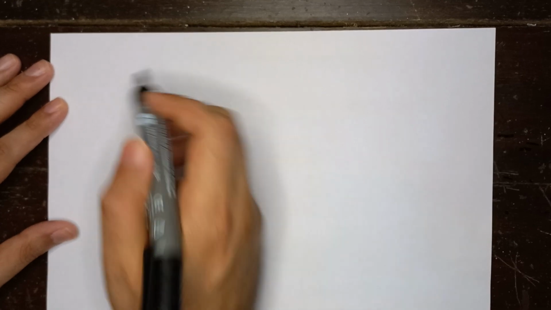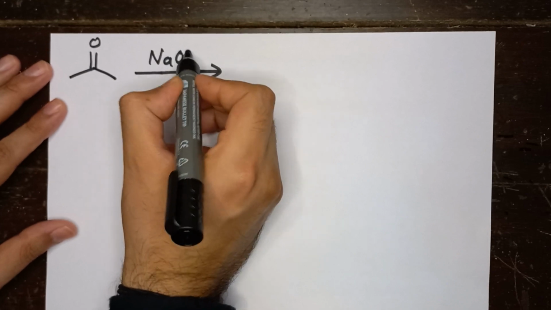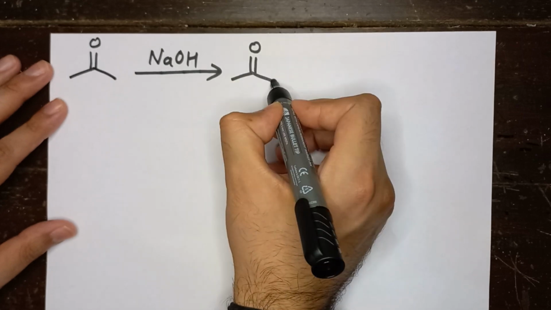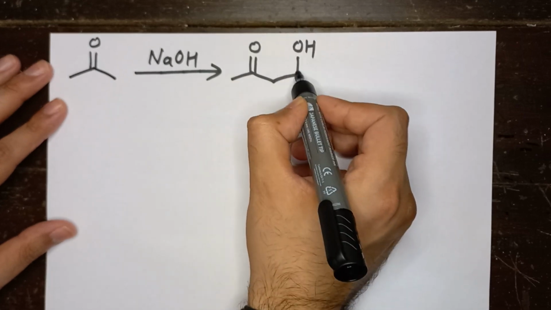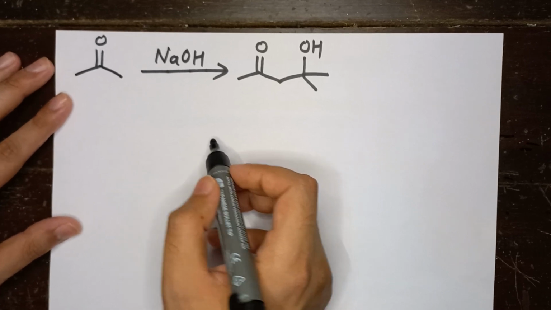Okay, so we have an acetone molecule and we are adding sodium hydroxide, and the aldol addition product is this one. So now let's see the mechanism.